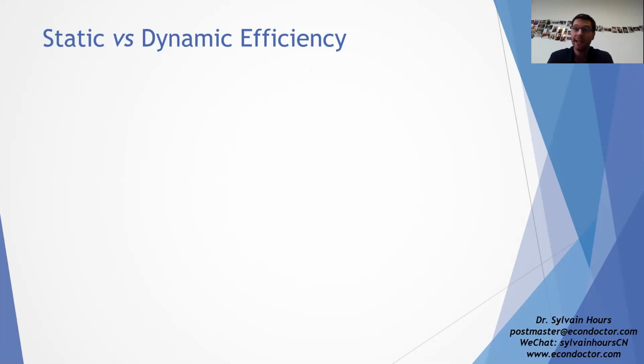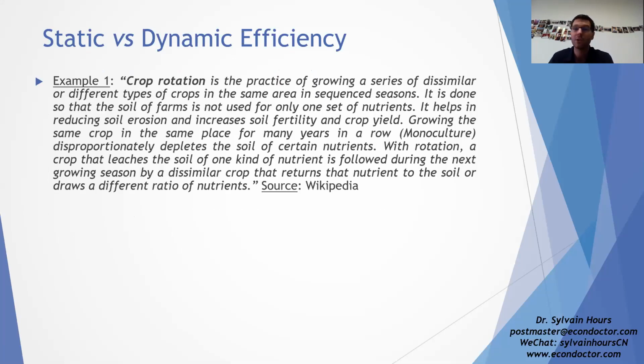The example that I like the most to illustrate this trade-off between static and dynamic efficiency is the example of crop rotation. I copied the definition from Wikipedia because the students might not know what we call crop rotation, but basically it means that every year you grow different cereals, different vegetables over a given piece of land just to make sure that the nutrients will not be depleted over time.